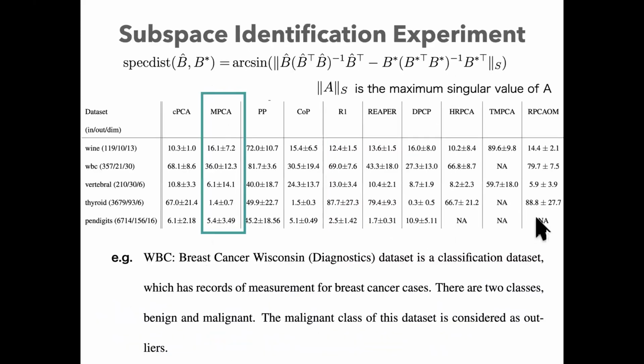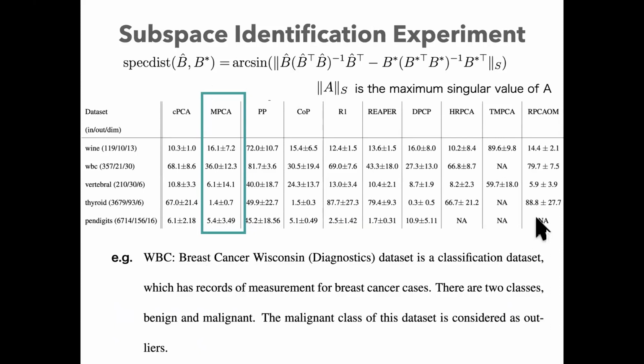We also performed a comparative study with robust PCA methods for the problem of subspace identification. We used several standard multidimensional datasets downloaded from the UCI machine learning repository.